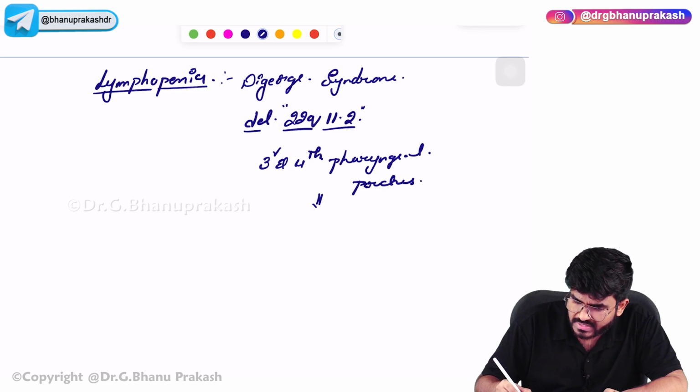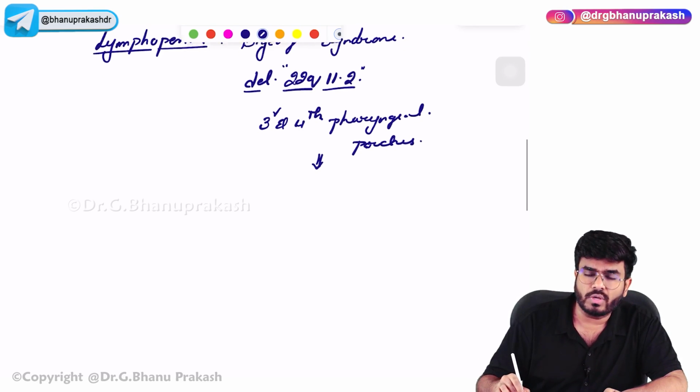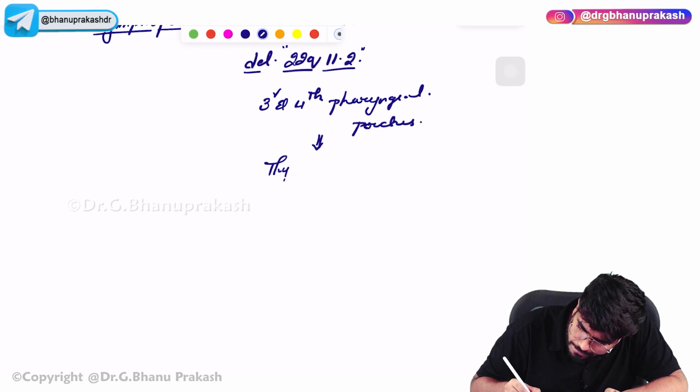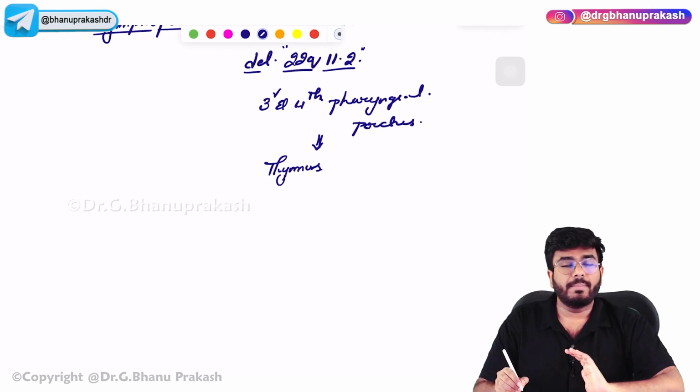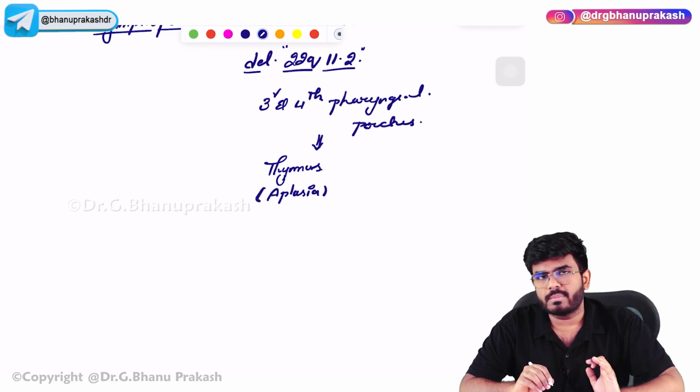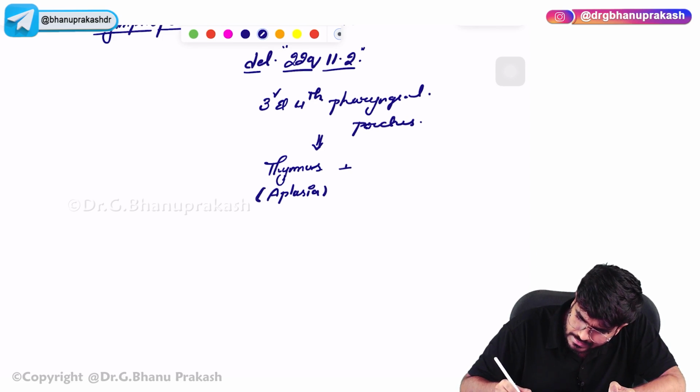As a result, in DiGeorge syndrome, the two important points are that they do not have a thymus, there is thymic aplasia, and the parathyroid glands are not developed either.